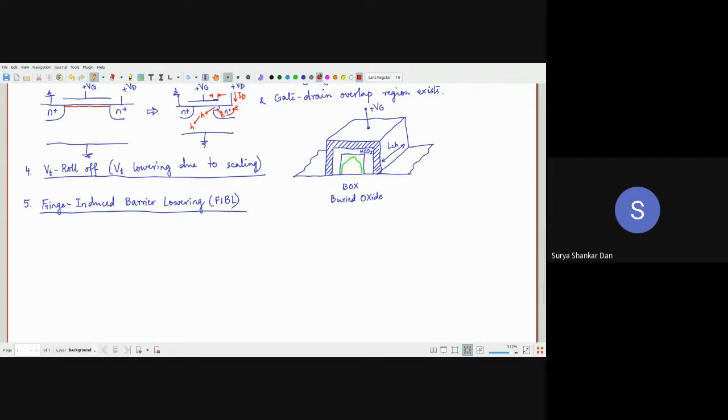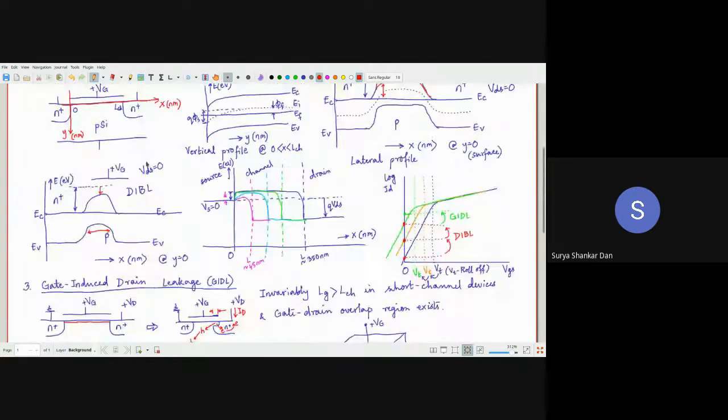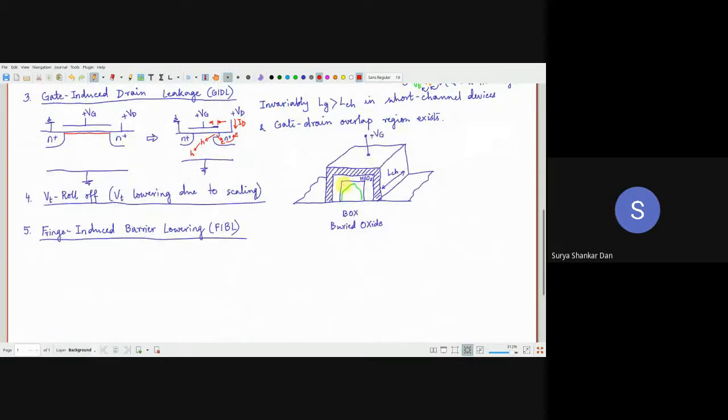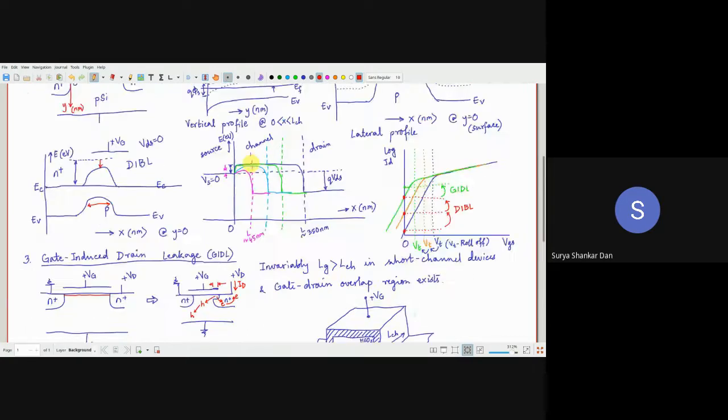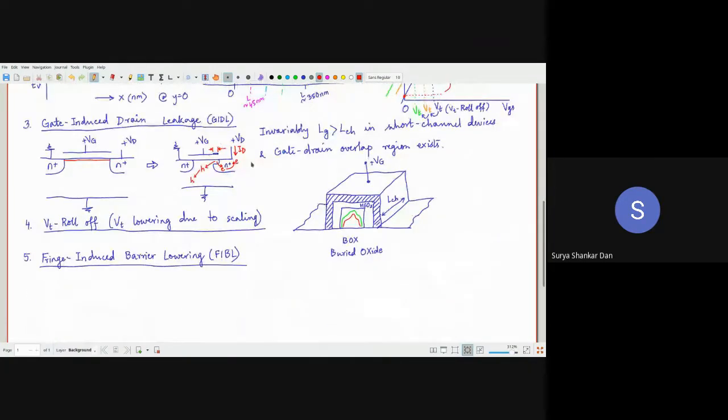Second one will be somewhat like this. Third one, what was the color? Deep green. And finally, the fourth one, pink, purple. This will be how it will appear.